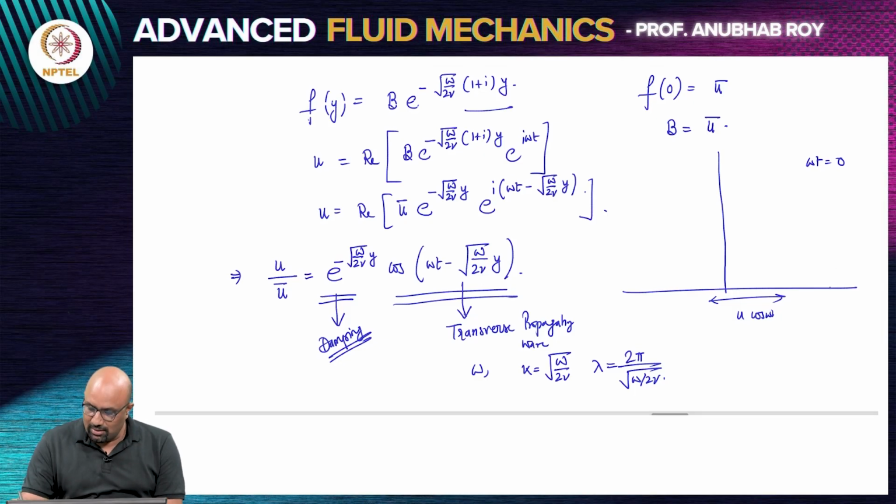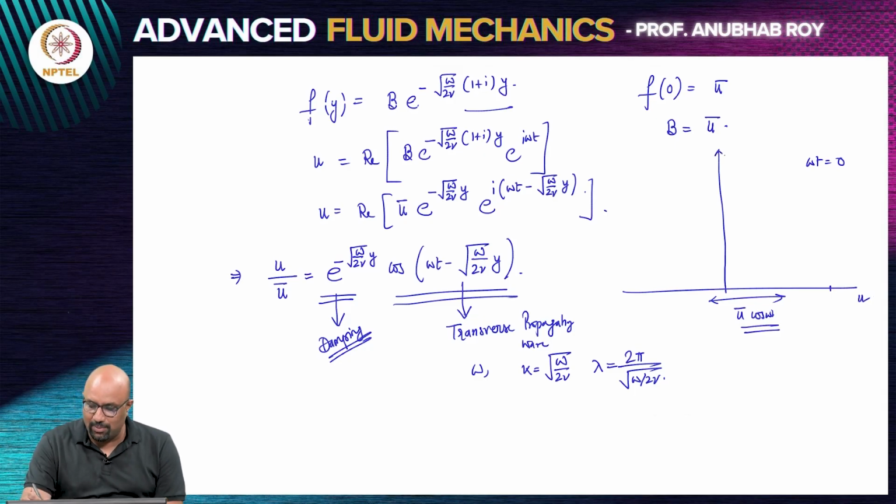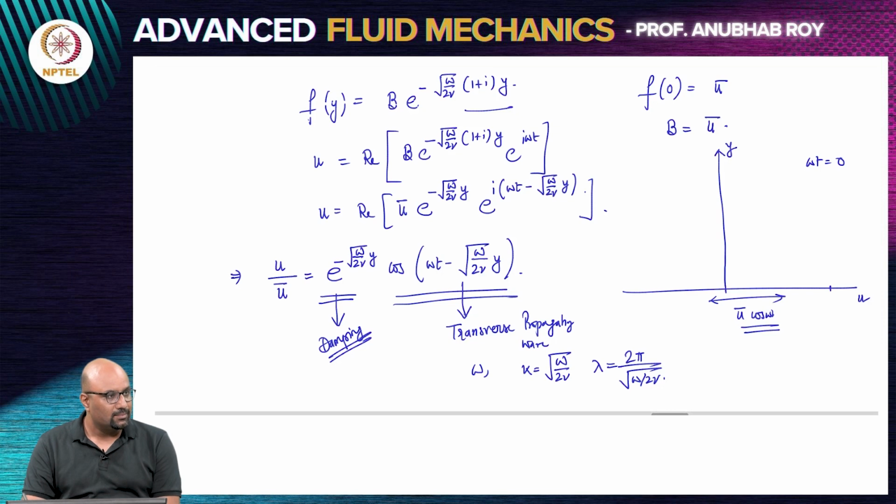So at time t equals 0, the plate velocity is u bar. This is basically the fluid velocity plotted as a function of y, right? At time t equals 0, the plate velocity is u bar, because the plate velocity that I have given is u bar cos omega t.